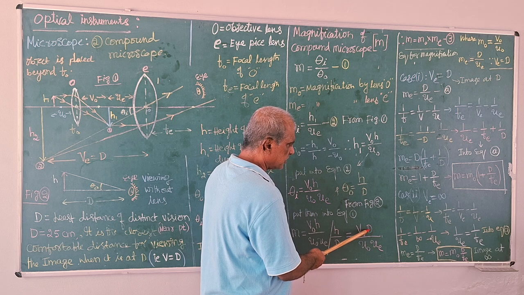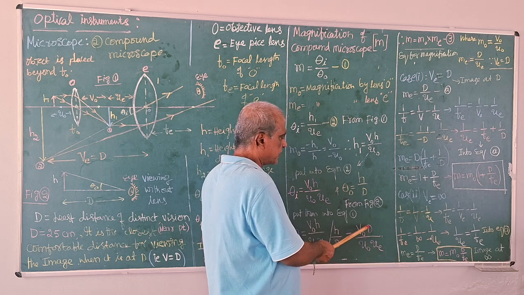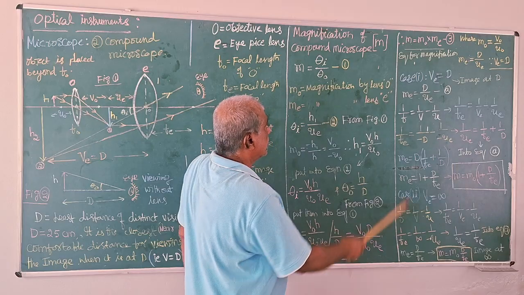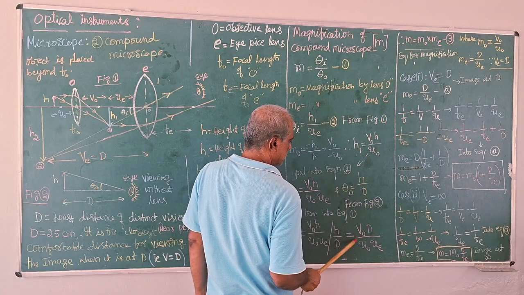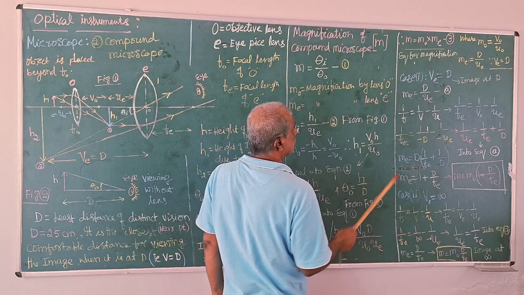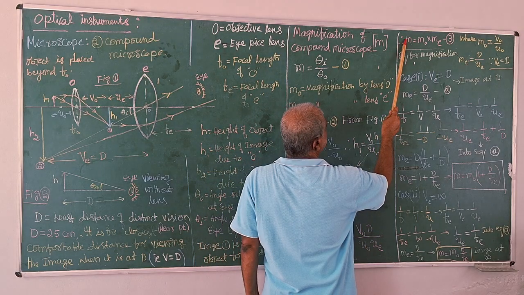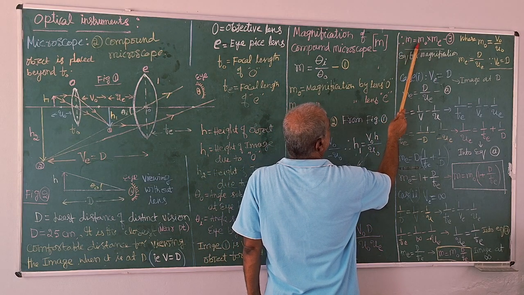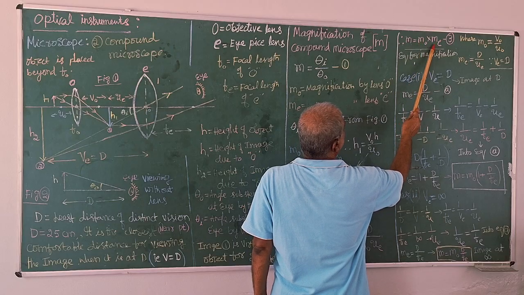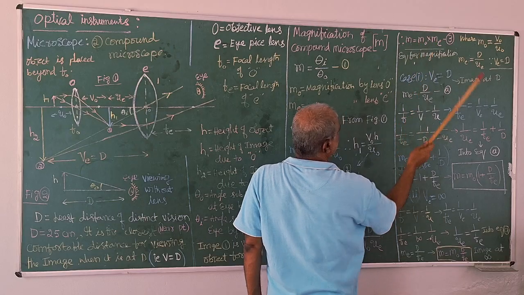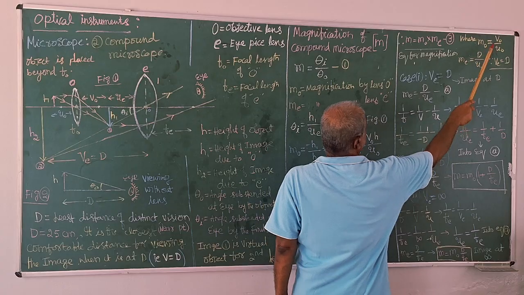This distance d is the same as the distance of image VE. I have taken the minimum distance. So you can write this as m0 into me. This is m0, this is me. So magnification is the overall product of magnification by the object lens and magnification by the eyepiece lens.